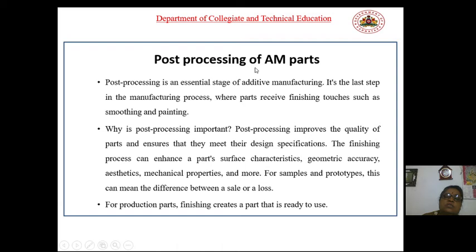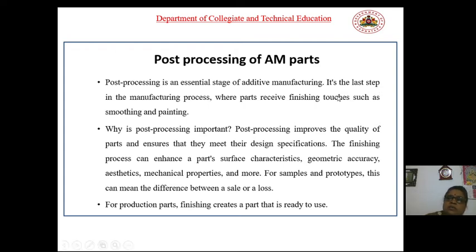Now, post processing of AM parts. Post processing is the essential stage of additive manufacturing. It is the last step, as I have explained in the previous session. The post-processing cost and steps are very laborious in additive manufacturing, because there is a series of steps to get the finished product.